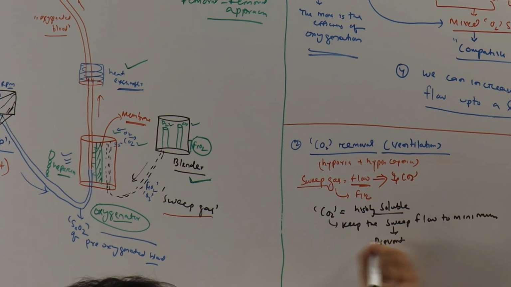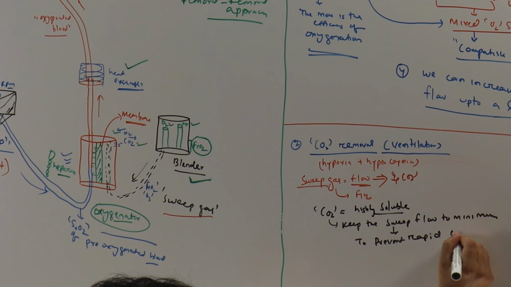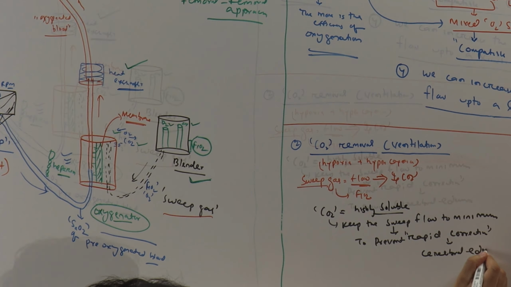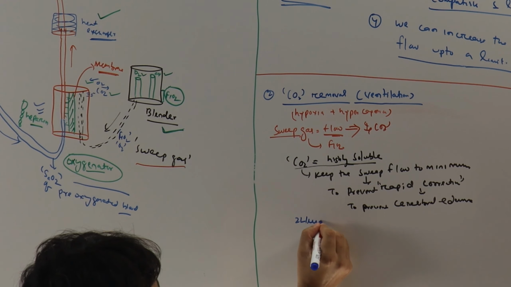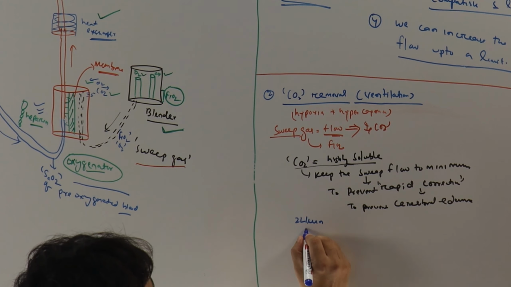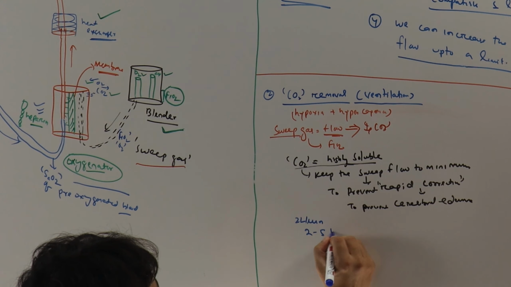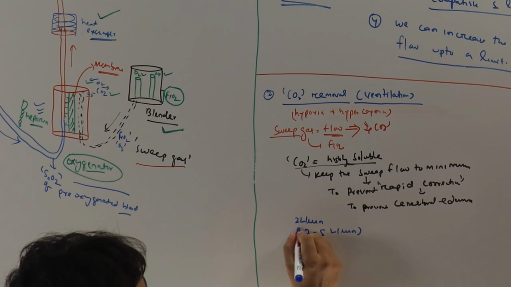This will prevent a rapid correction. Otherwise, what will happen? If there is rapid correction, it can produce cerebral edema. So sweep gas flow should be 2 liters per minute, and we can play around 2 to 5 liters per minute in our patient, right? Depending upon the carbon dioxide level.